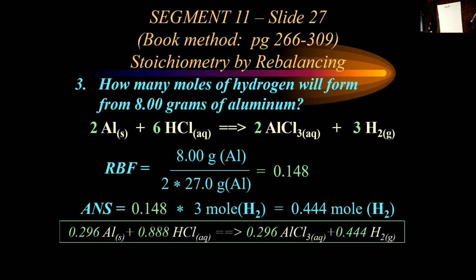I'd put it in a waste container, and I need to know how much aluminum chloride a lab of 24 students is going to generate, so I've got a container that big and I can put that in there. So the neat thing about this is not only do I do my problem and get the answer that I needed, I got the amount of every other thing in the reaction all at once, in one calculation. I got everything all at once.